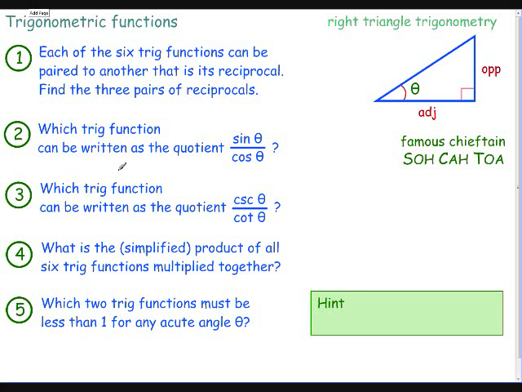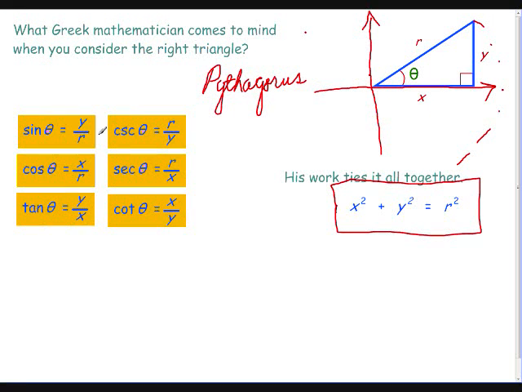Which trig function can be written as the quotient sine theta over cosine theta? So we have 6 of them, right? Which one can be written this way? Well, I'm going to back up a moment. Let's think about sine theta as y over r, that ratio, and cosine theta as x over r.